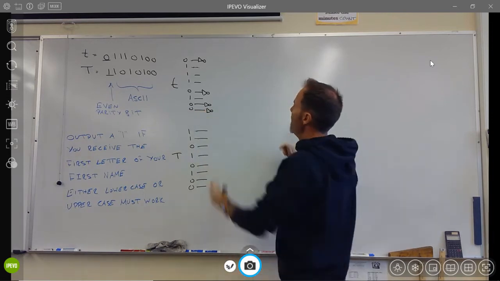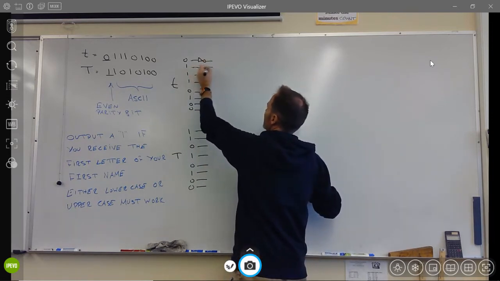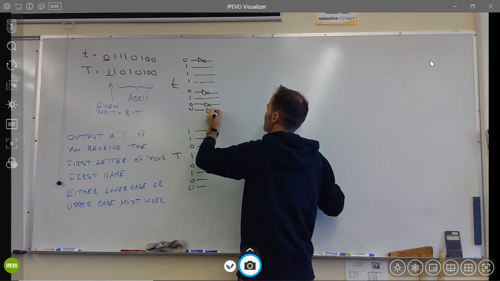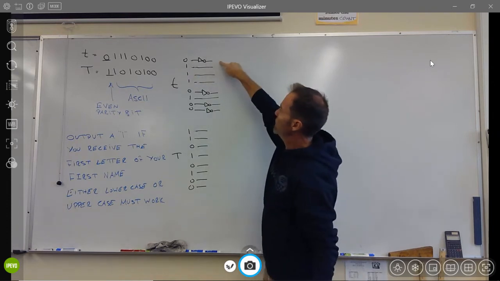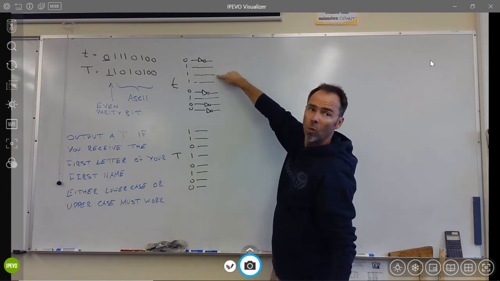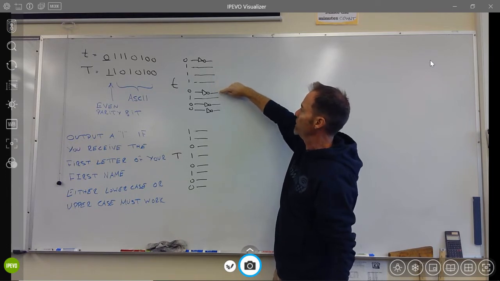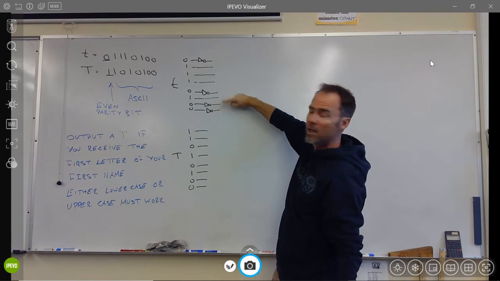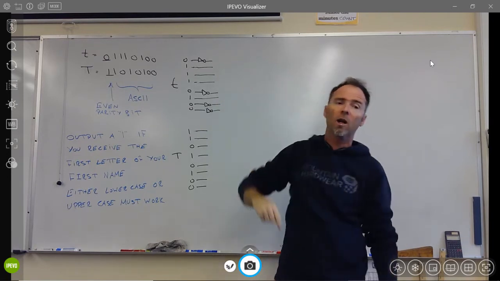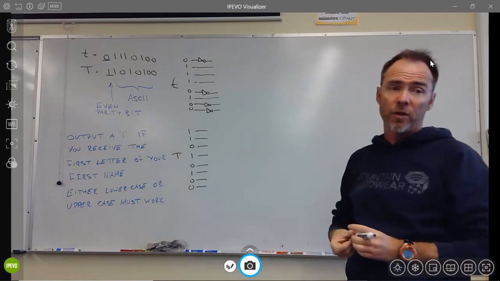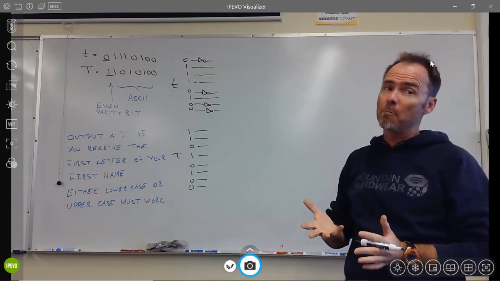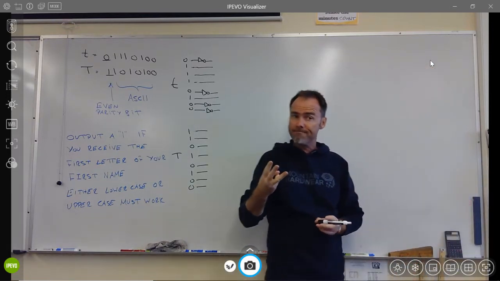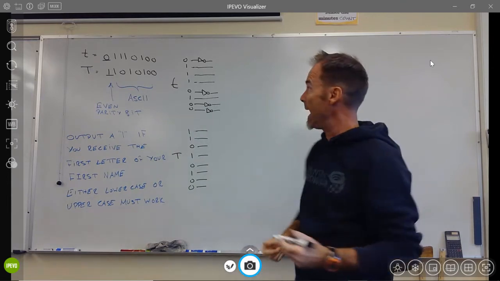So bam, now my output: if I had this, 0 turns into a 1, 1 stays a 1, 1 stays a 1, 1 stays a 1, 0 turns into a 1, 1 stays a 1, 0 turns into a 1, 0 turns into a 1. So now I have all ones. All of my 8 lines on the address bus are ones. Now I need to combine them. Any gates that take 2 ones and turn it into a 1? An AND gate. Let's use an AND gate.